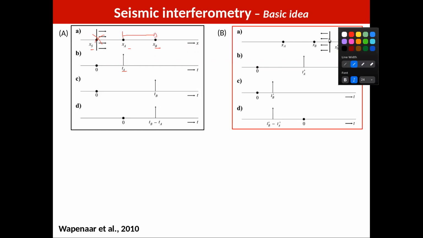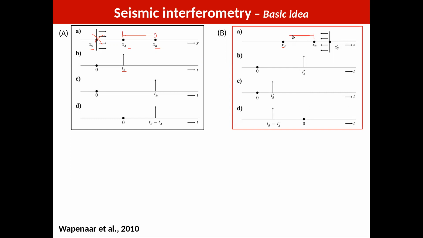And in the reverse case, if the source is behind station B, then it will be recorded earlier at station B and at a later time at station A. And again, we can find the travel time between station B and station A. And if this medium is homogeneous, then by the reciprocity theorem, the travel time should be the same, okay?